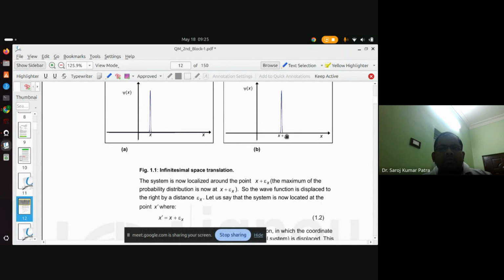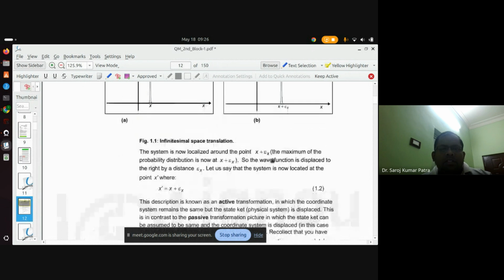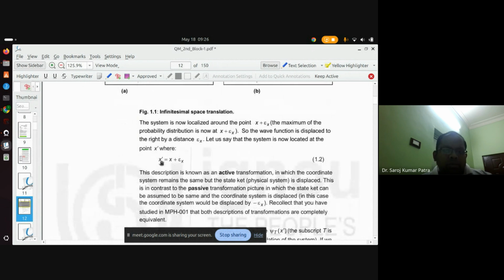If you are measuring the position at x plus epsilon x, then the wave function will maximize at x plus epsilon x. So that means we have the transformation x prime is equal to x plus epsilon x. So we have this translation now. So x prime is equal to x plus epsilon x.